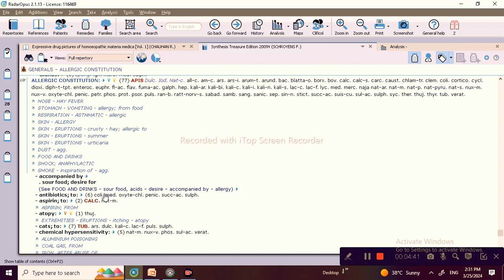The important remedies are apis, delcamera, iodum, natrium carb, phosphorus, lycopodium, pulsatilla, natrum phos, nux vomica, and sabadilla. These are the important remedies, or these are the personalities which are allergic. So enter the case by using this rubric.